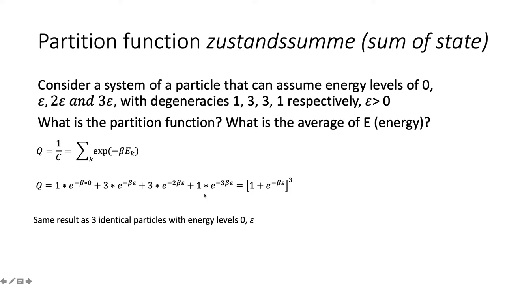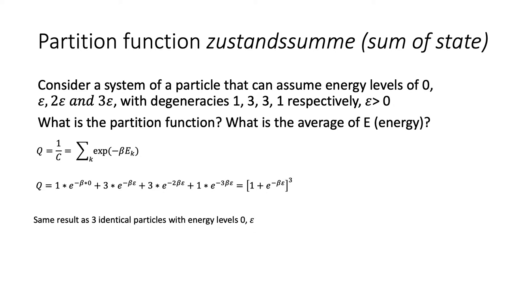If we organize this, we'll find this term equals 1 plus the exponential of negative beta epsilon, to the power of 3. Another thing I want to point out is that, coincidentally, this equals the result when you have 3 identical particles with the energy levels 0 and epsilon.